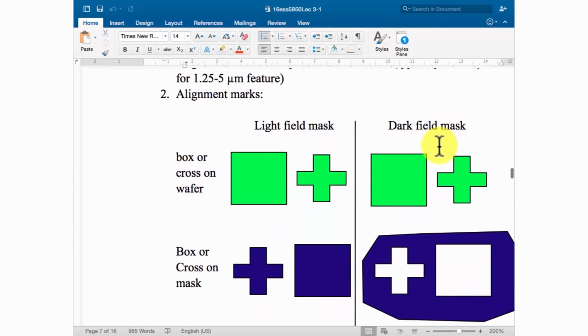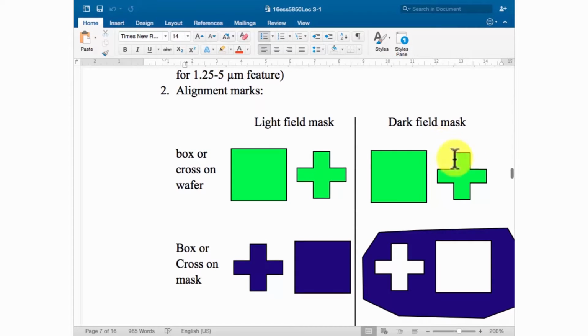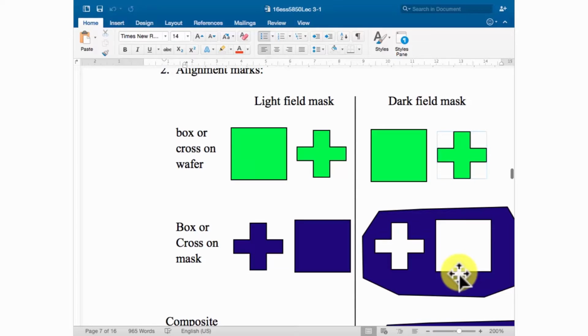So this is for light field mask. But for dark field mask, it's the opposite. You need to design the first one smaller and the second one larger, because for a dark field mask, most of the area is dark. Only the marked area has an opening, a clear view.